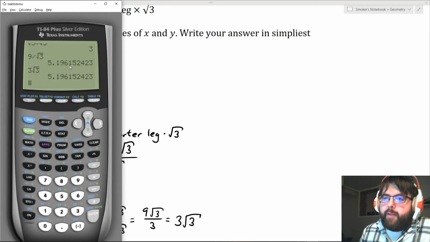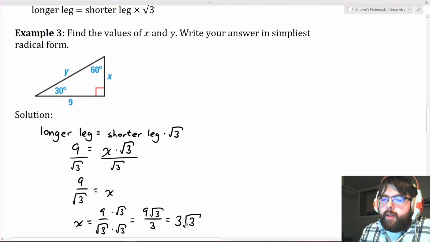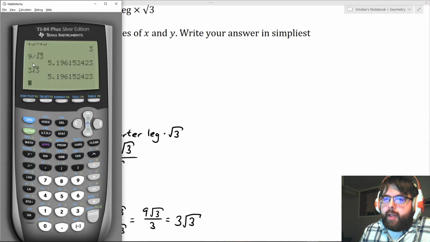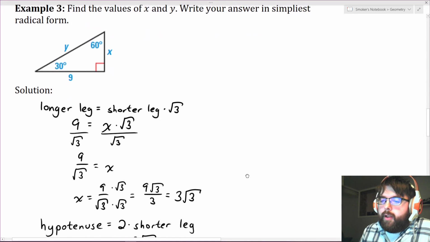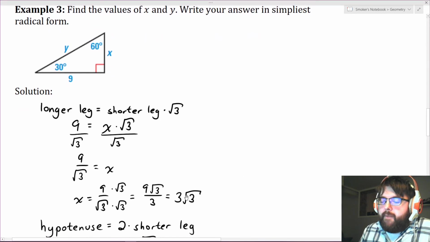And you see how these decimals match? That means this is equal to this. It's just that this is simplest radical form. This is not. Okay? So I just wanted to confirm that on the calculator by putting both the unsimplified and the simplified radical form. Gives you the same decimal. So we didn't do anything wrong there. As far as changing that value, it did not change.